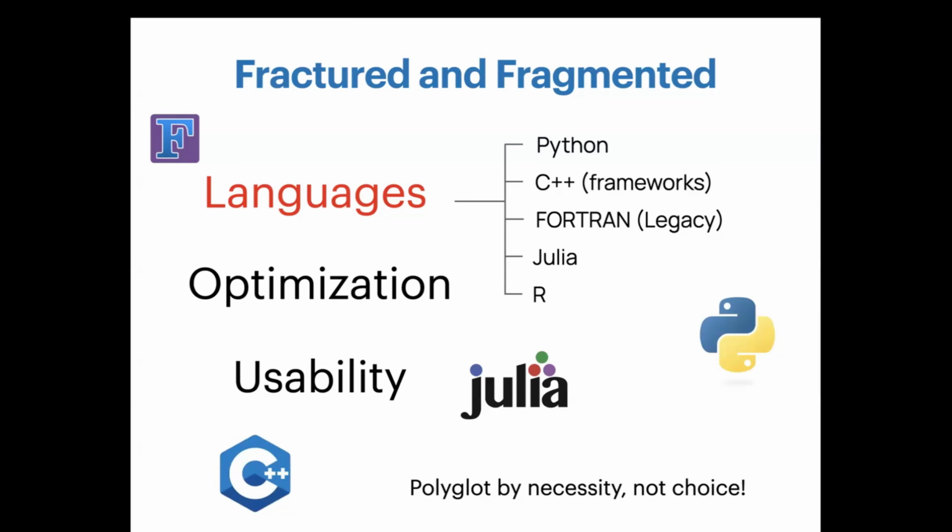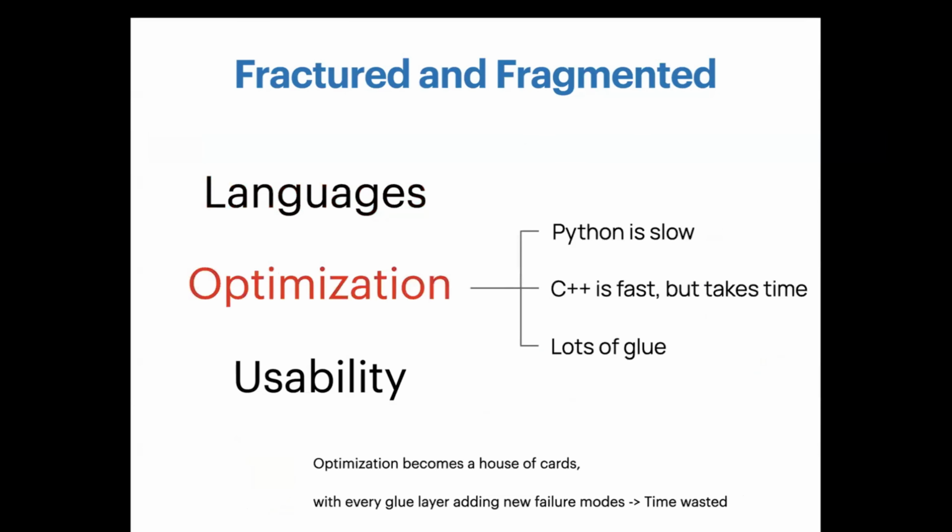You just don't want to touch it, but it's still there. So we have this huge mess of languages in which people write different frameworks and different code. We end up being polyglots by necessity, not by choice, and it's not really a good thing for productivity, which means the next problem is inevitable, which is optimization.